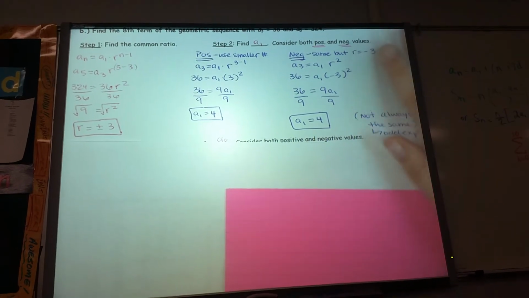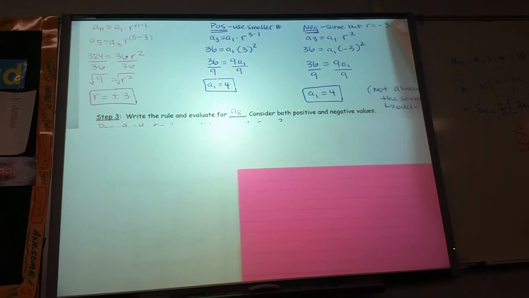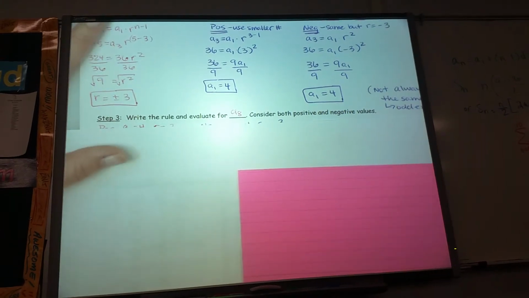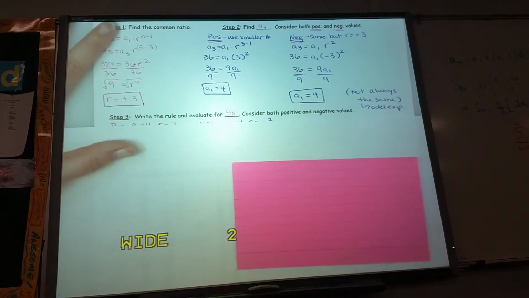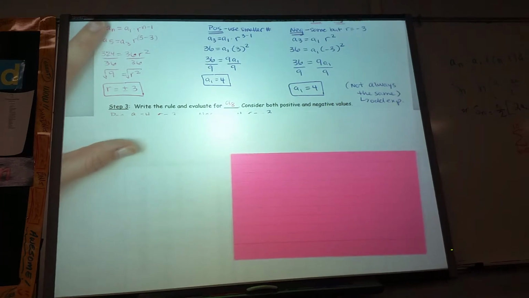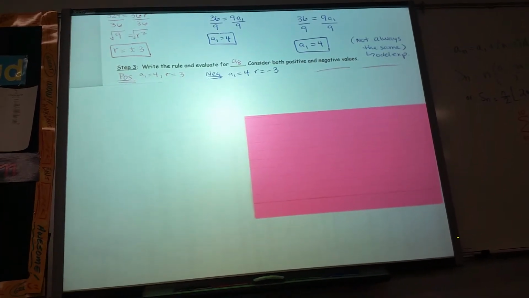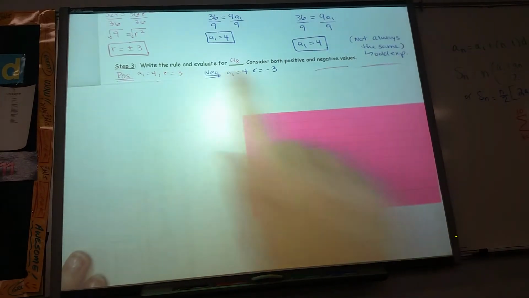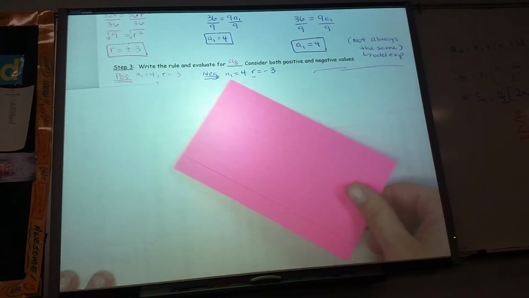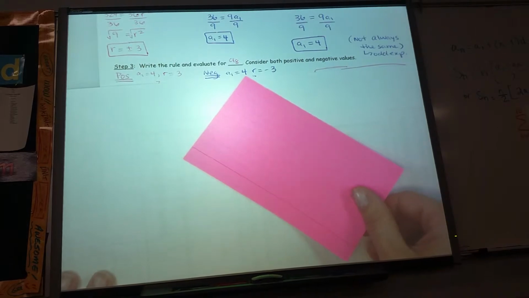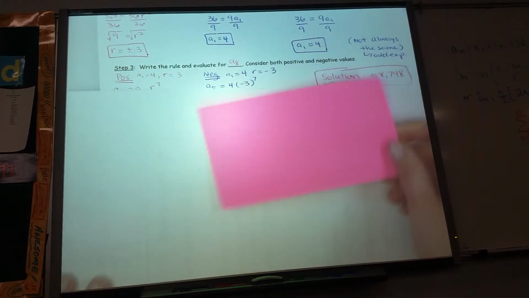Okay, and then after you find those, you also have to consider both cases for step 3. So once you consider both cases for step 3, you're going to plug in for the positive, the first term, and r is 3. For the negative, you are going to plug in 4, and then r is negative 3.